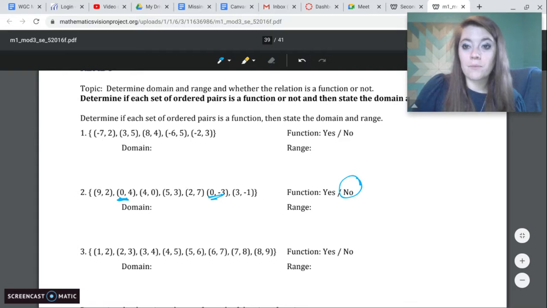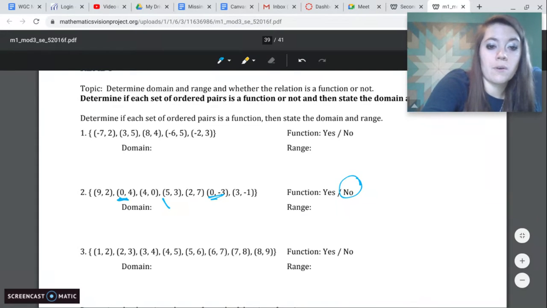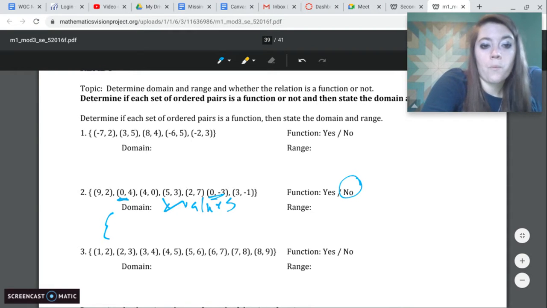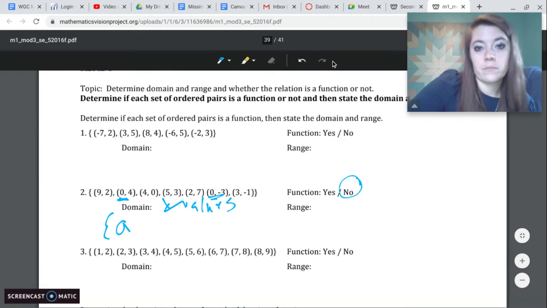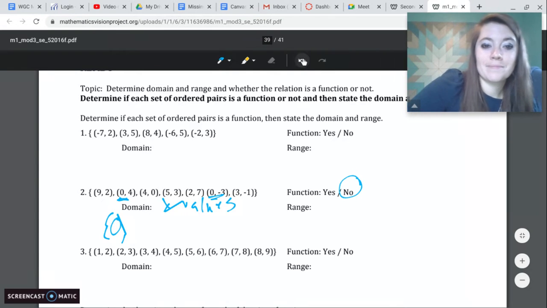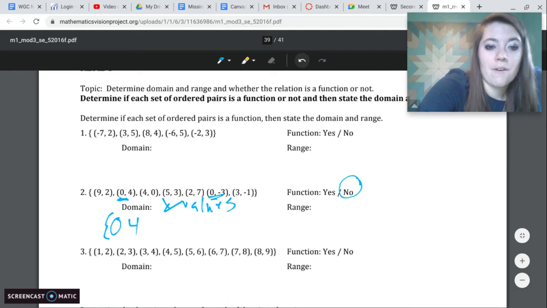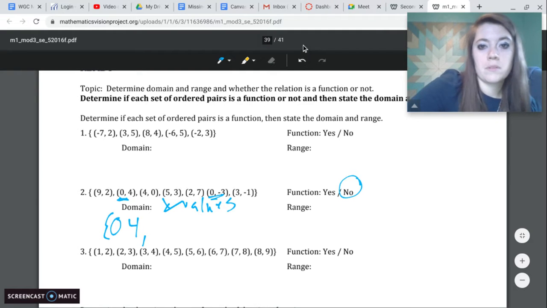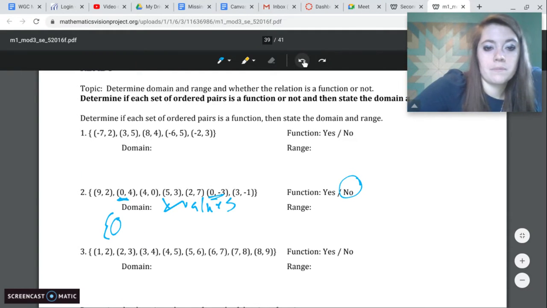Even though it's not a function, we can still state the domain and range. The domain, remember, is your x values, so we just list out our x values. We've got 0, 4, oops, 4 is not next.